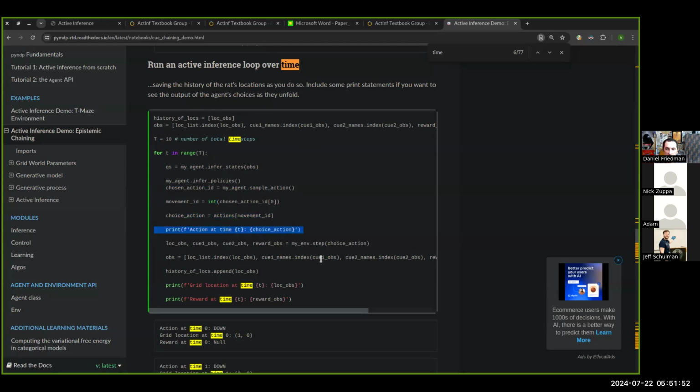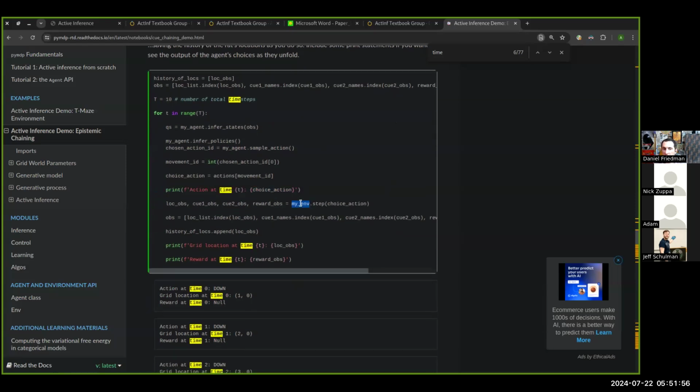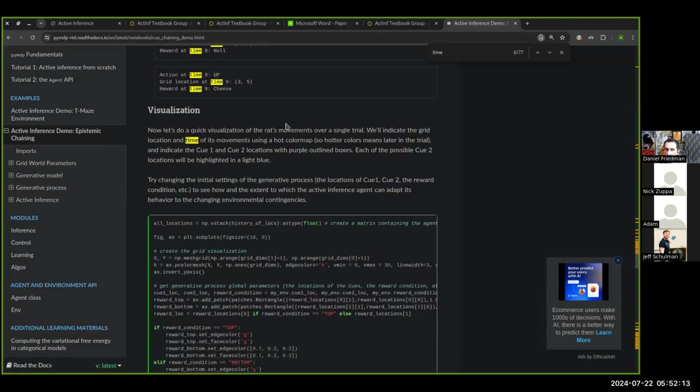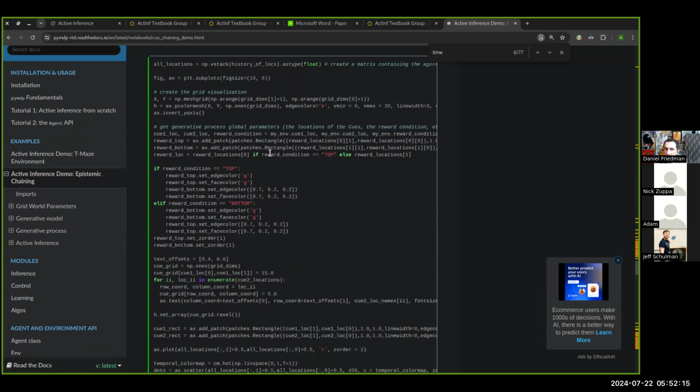This prints a line to the terminal just to log what happened. Then the environment takes a step predicated upon the choice of action of the agent. And then there's an updating of some of the observations and the history gets appended too. So this is what it looks like. Visualization method.